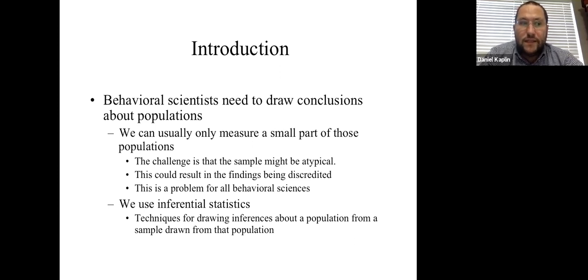Without doing this, it's possible that our sample is atypical. It's possible that the results could be discredited at a later point in time. And this inability to reproduce a finding can be a problem for your results, but it's a problem for all behavioral sciences, not just psychology.